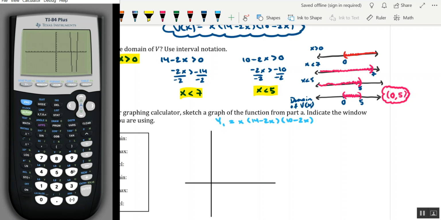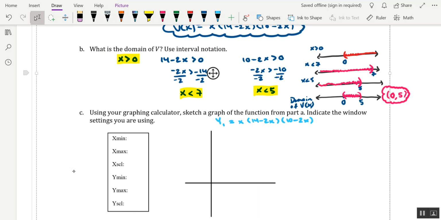So let me go back to the notes here. One key thing is the window settings, and I'm going to pick on the settings for x to start things out. Keep in mind that our domain for this problem is between the values of 0 and 5.